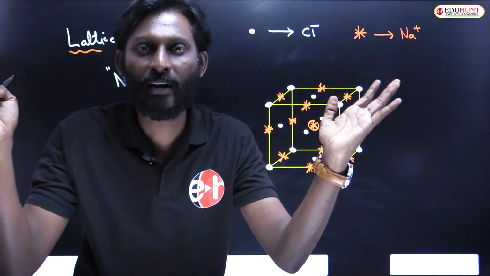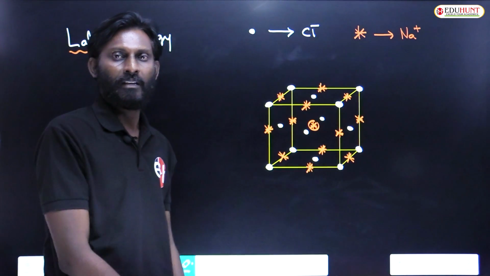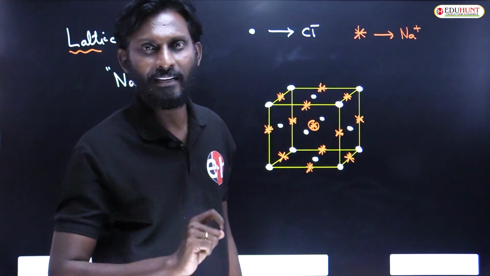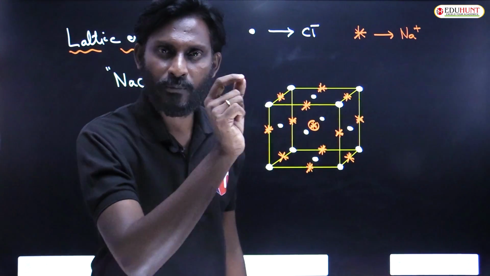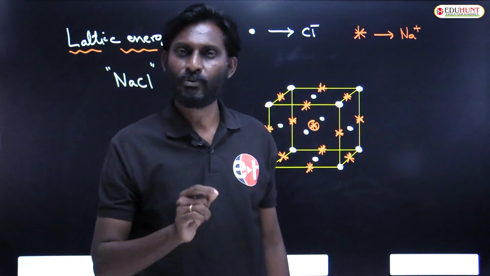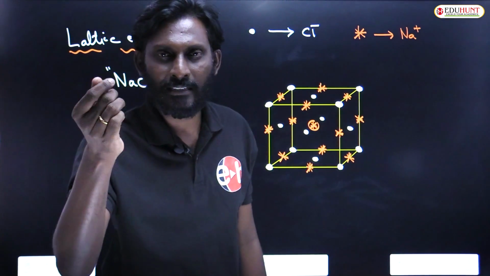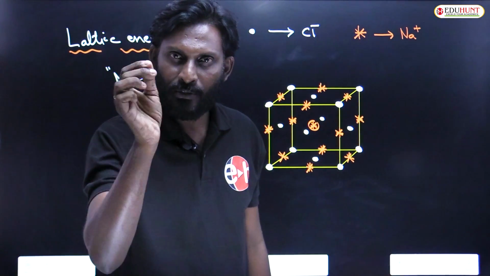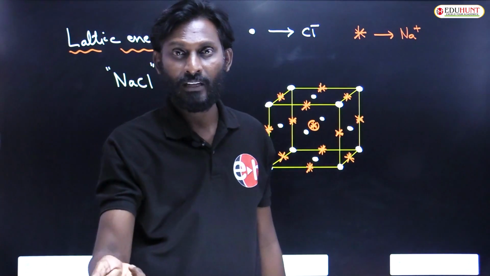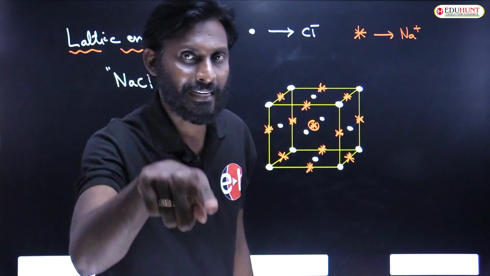You know what sodium chloride crystal is. You have seen sodium chloride salt in your house. That white colored substance, you call those small particles crystals. That is sodium chloride crystal.